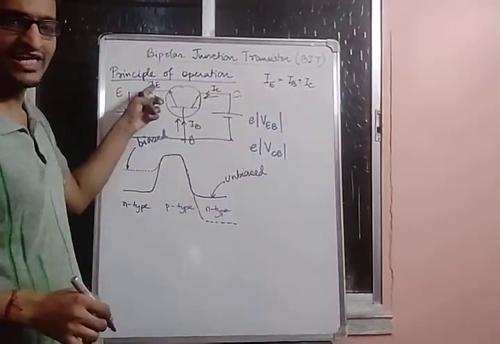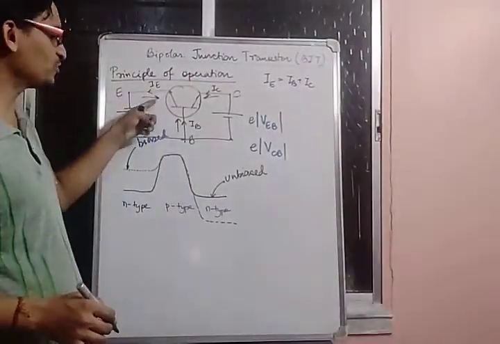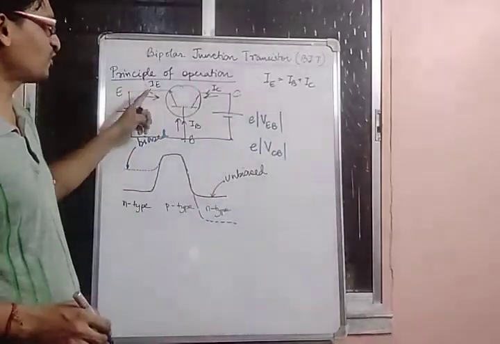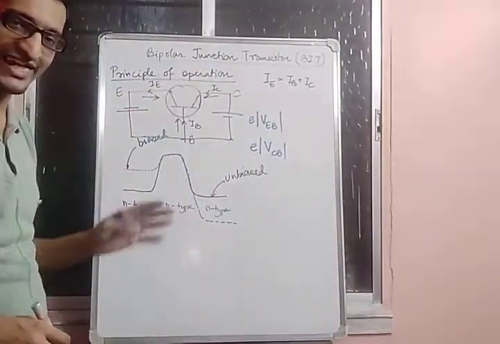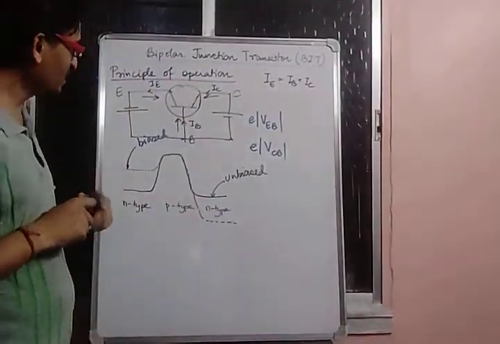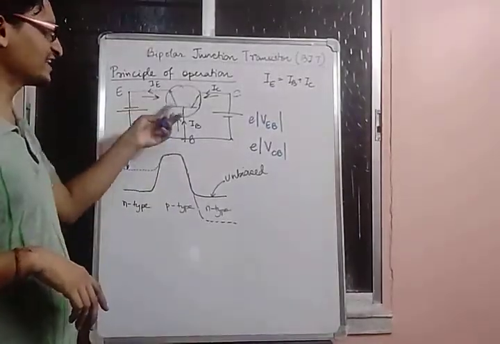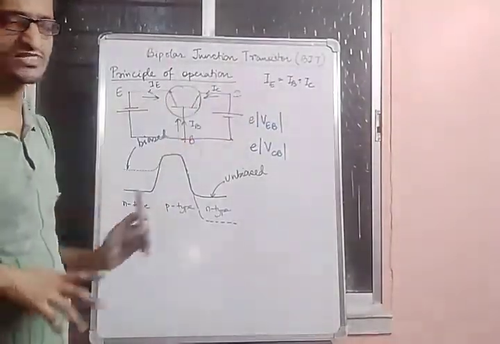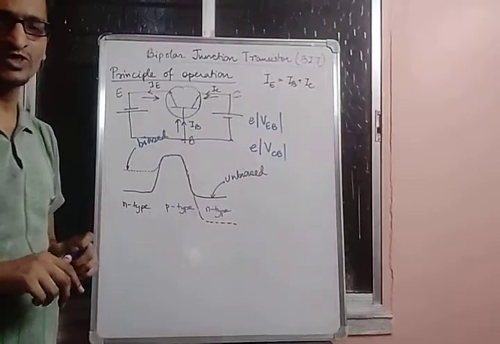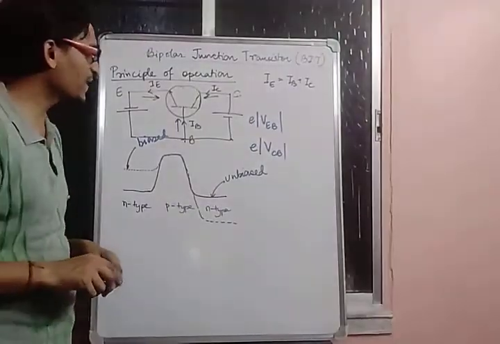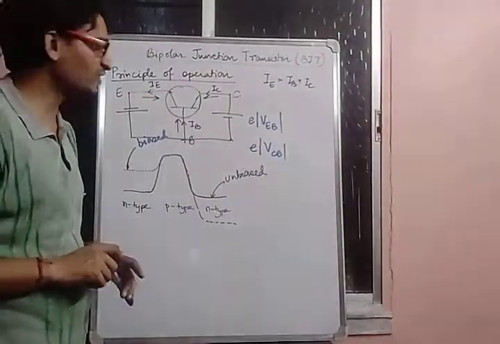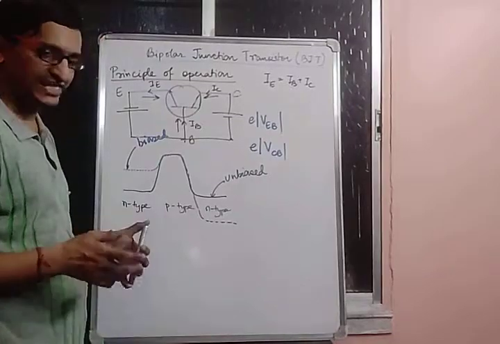Here you can see that the actual direction of IE is opposite to that convention, so usually IE is taken to be negative. But if you denote IE in this direction, then I can write the equation as IE equals IB plus IC. So this is the principle of operation of your BJT.